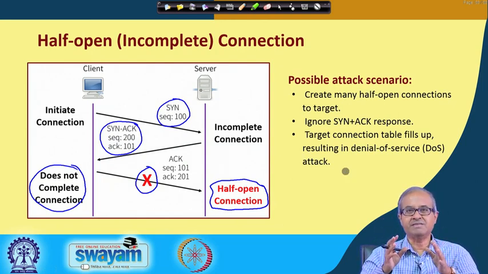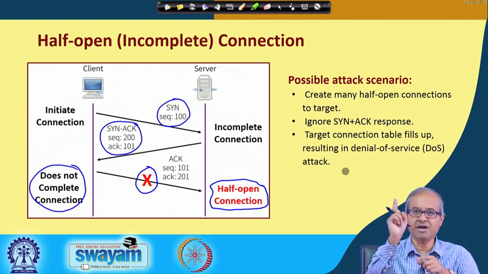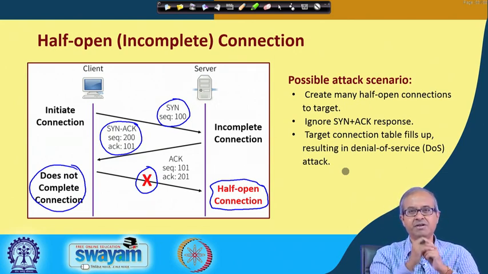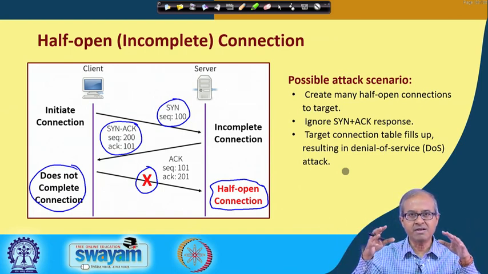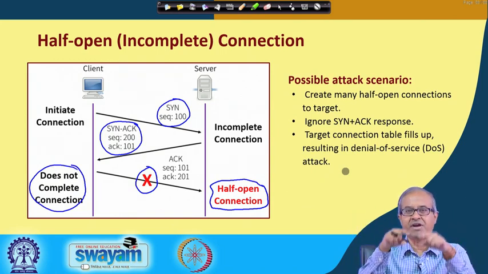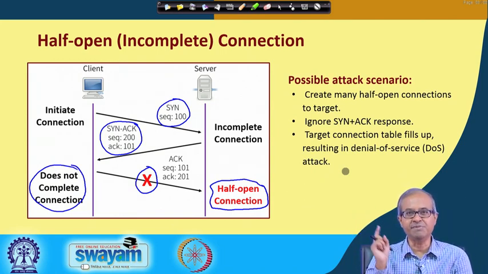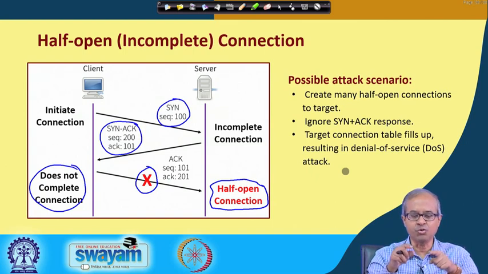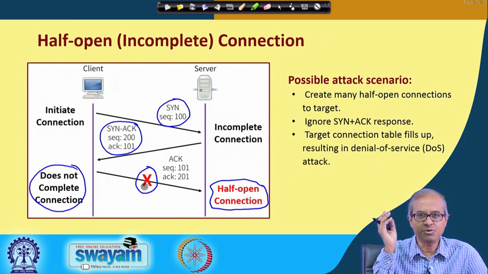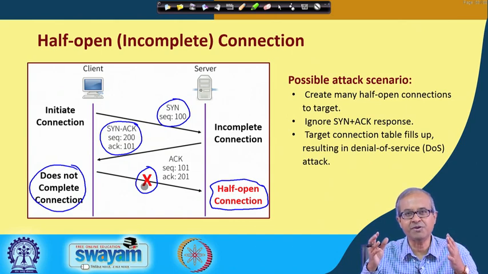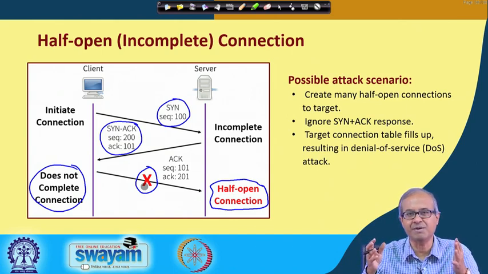Suppose some hackers decide that they have to target a particular computer. Many of these hackers come together and try to send a large number of TCP requests to that particular server. For each of the requests, they do not complete the final ACK, they do not send the last ACK. So, the server will be receiving a large number of requests, but none of those requests will be completed.